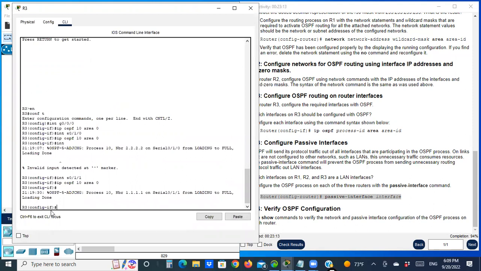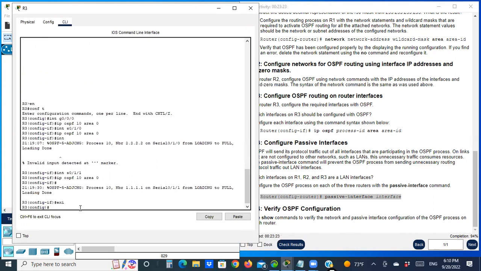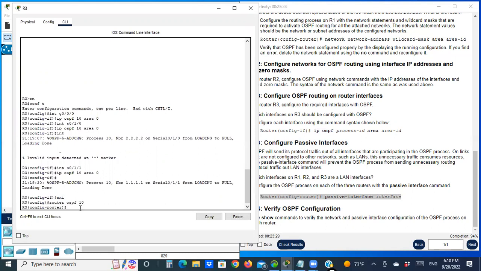R3 is here in interface mode. No, we have to go to router mode, so exit first, then router ospf 10. Now we're in router mode, and passive-interface G0/0/0.